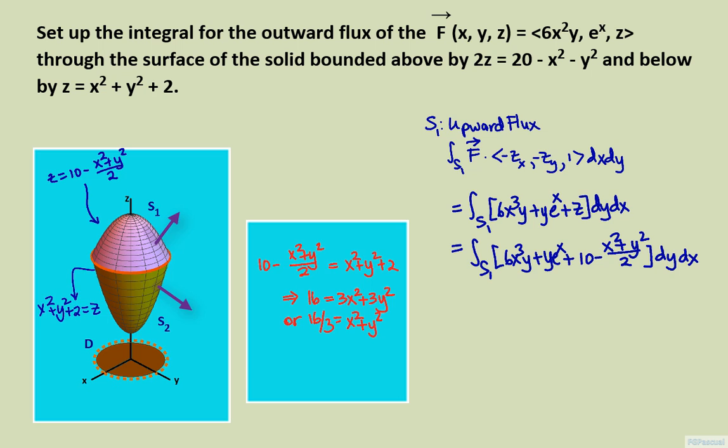This is the equation of a circle centered at the origin, and the radius is the square root of 16 over 3.